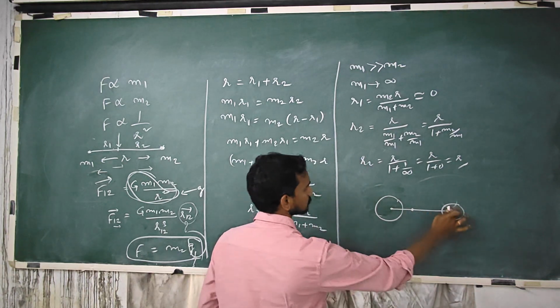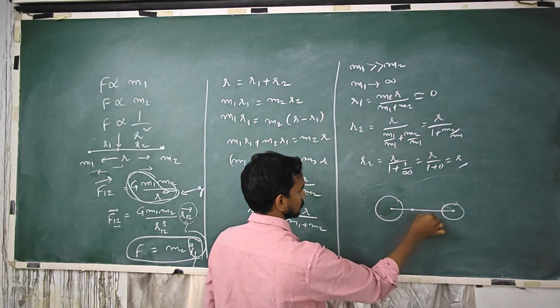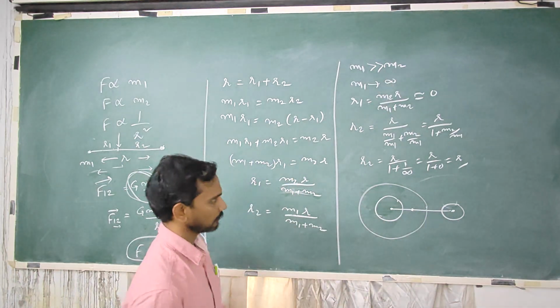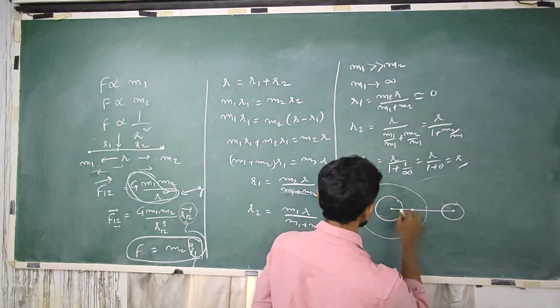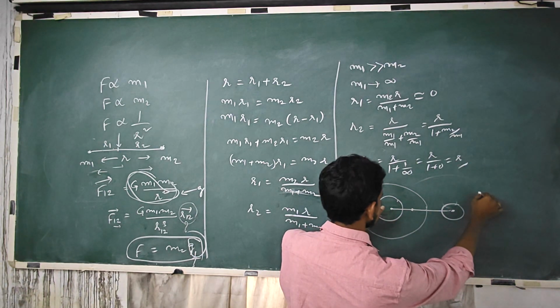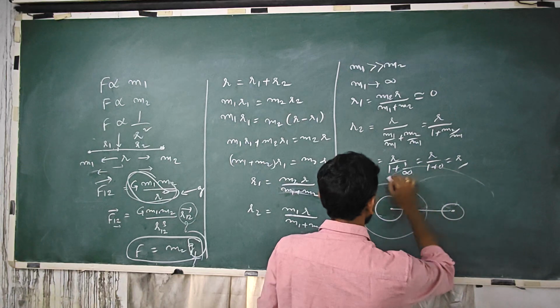Let's say this is the center of mass. The heavier planet will revolve around that center. The other one also will revolve around this point.